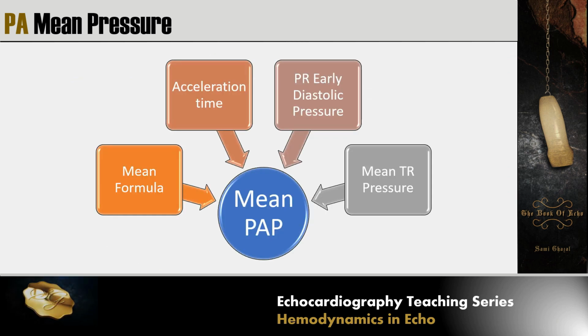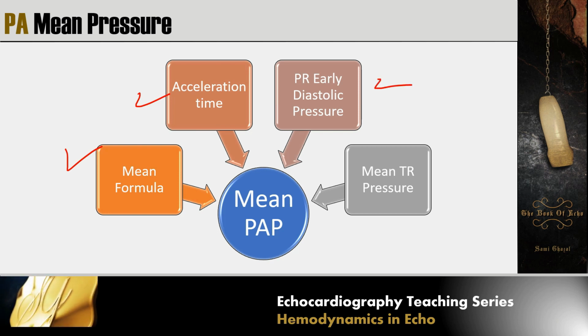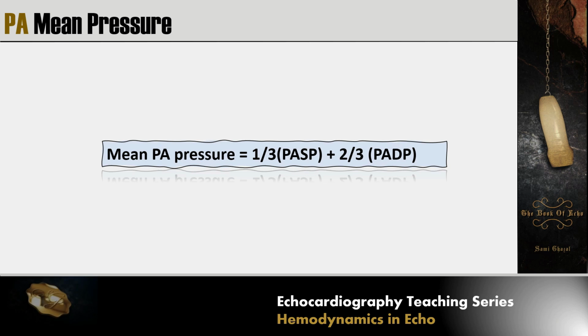The mean pulmonary artery pressure can be very important, and we might really need to measure it by echo in some cases. We can measure it by the mean formula or the acceleration time, the pulmonary regurgitation early diastolic pressure, as well as from the mean tricuspid regurgitation pressure. Remember this pulmonary artery diastolic pressure we have seen a few slides ago, and we wondered what's the utility of this measurement.